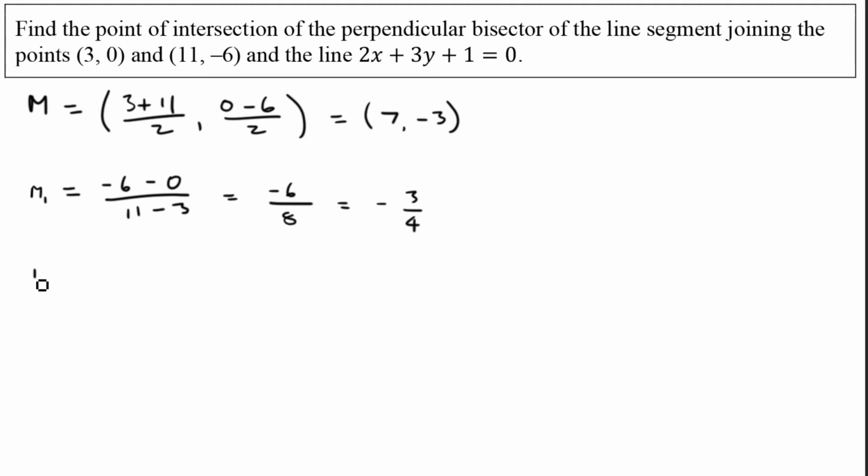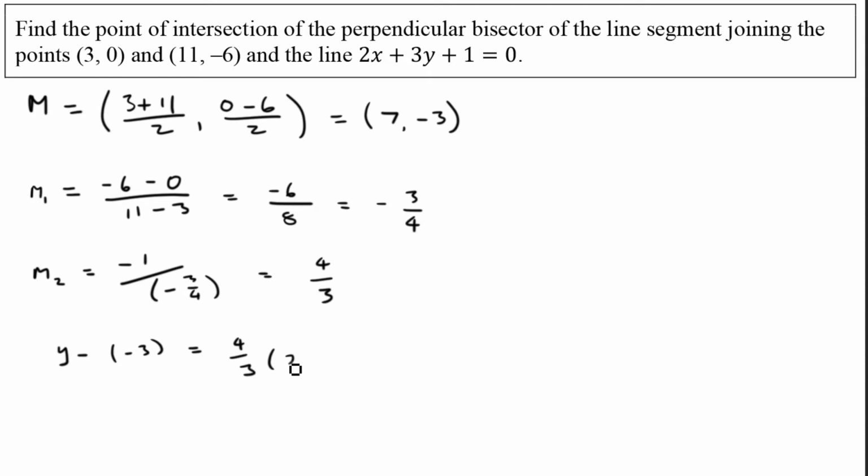That means that the perpendicular gradient is -1 over -3/4, which is 4/3. So our perpendicular bisector is y subtract -3 is equal to 4 over 3 into (x subtract 7).